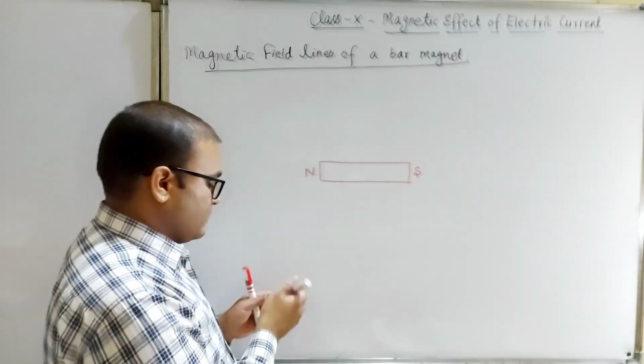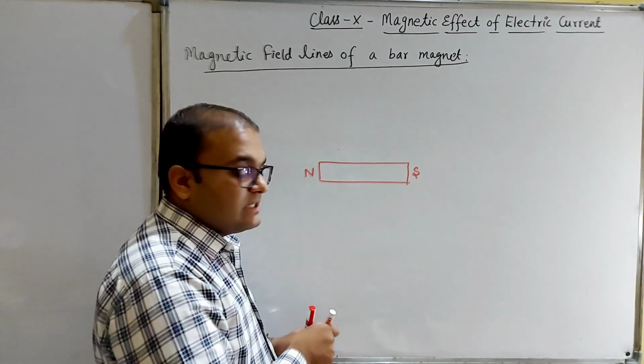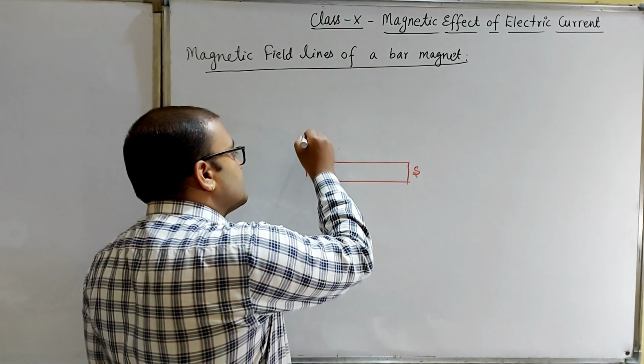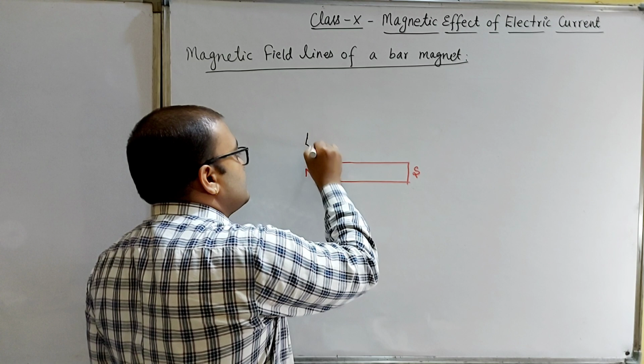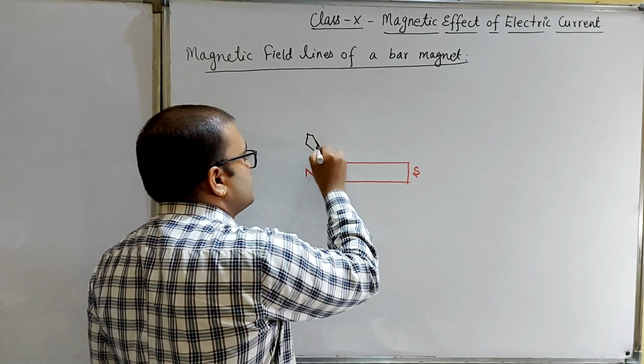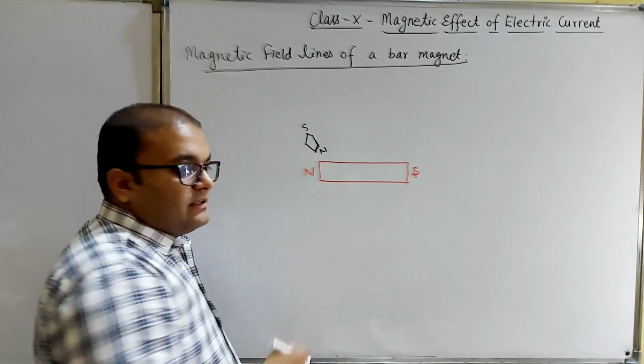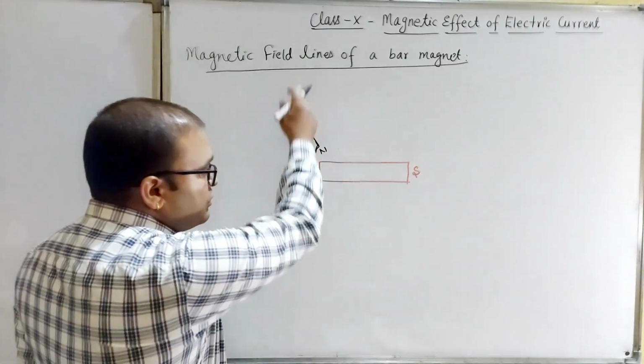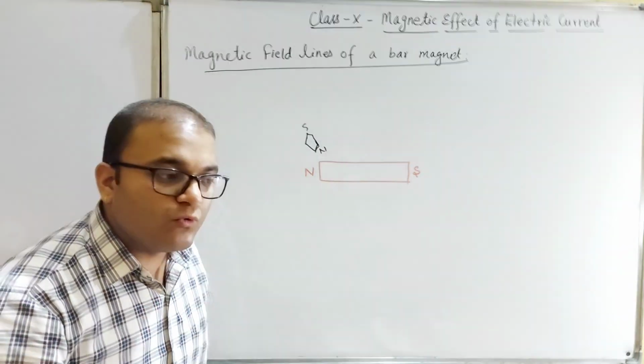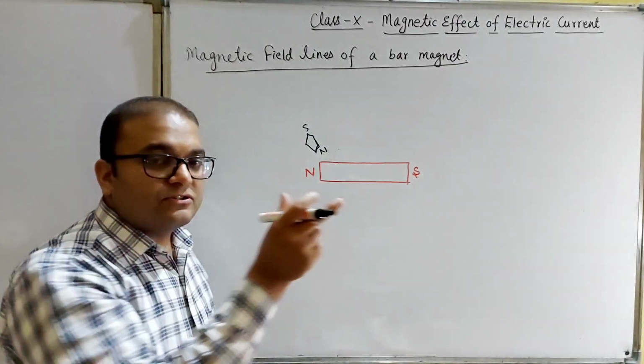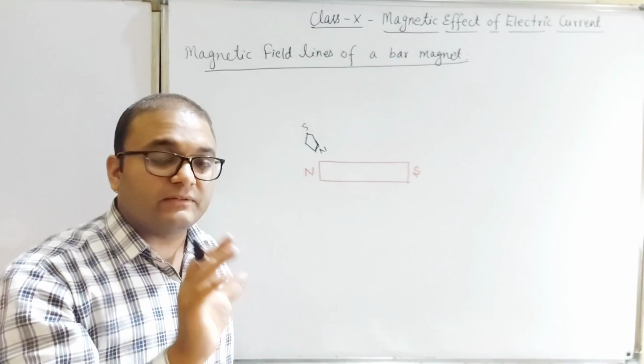What is the meaning of this? If I place the north pole of the compass needle here, then in which direction the north pole of the compass needle will move, that will be the direction of magnetic field lines.